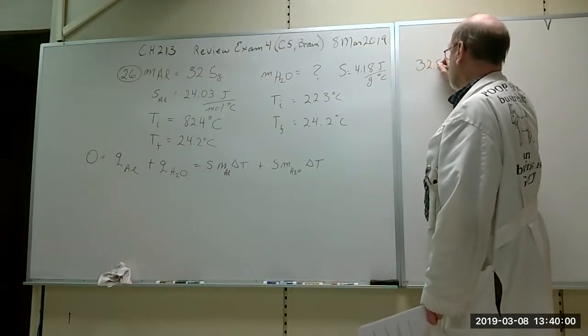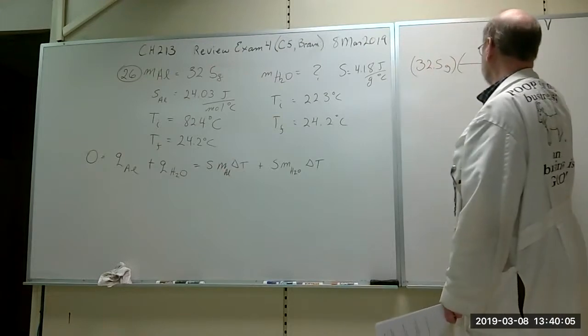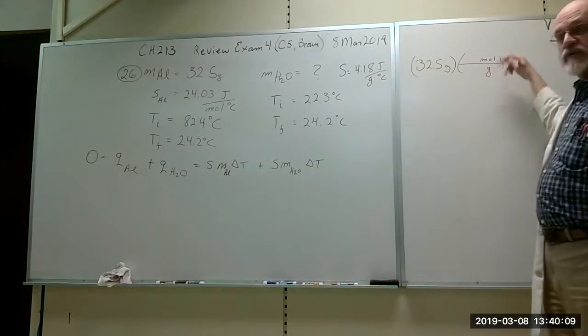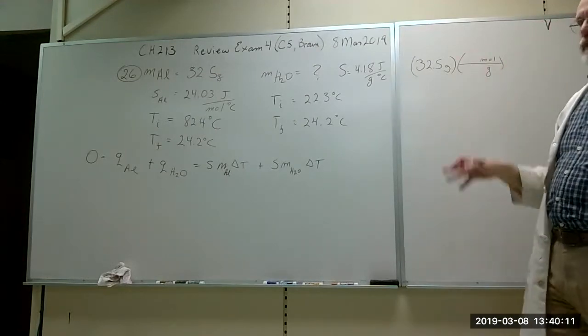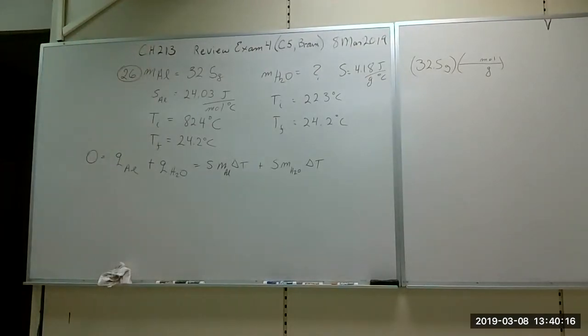So we'll take that many grams of aluminum and convert it to moles, right? So grams on the bottom, moles on the top. Anytime you see that relationship, you know molar mass of aluminum. So let's see, molar mass of aluminum is 26.98.